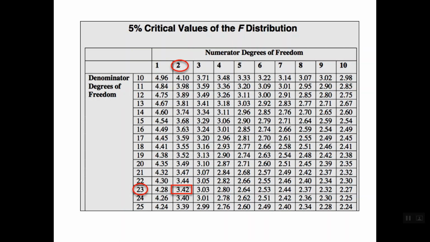The second value we need is for numerator degree of freedom, which is equal to 2. And this is the degree of freedom for the error. So the intersection between these two values is 3.42. So the value of F critical for alpha equals 0.05 and degree of freedom 2 and degree of freedom 23 is simply equal to 3.42.